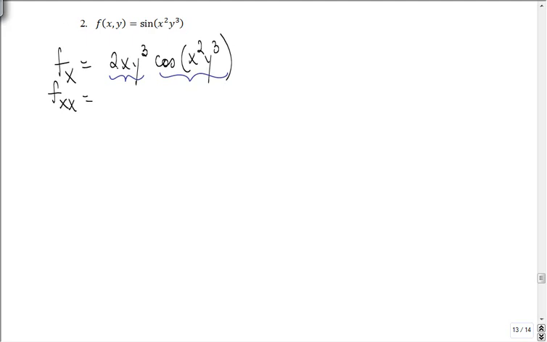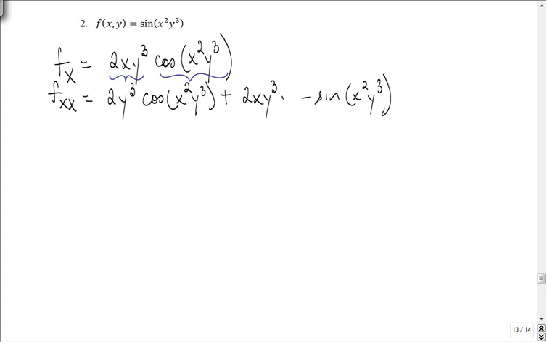Partially differentiate the first with respect to x. You have 2y cubed times the second, plus leave the first times partially differentiate the second with respect to x. We have a minus sine x squared y cubed times the partial, which is 2xy cubed.